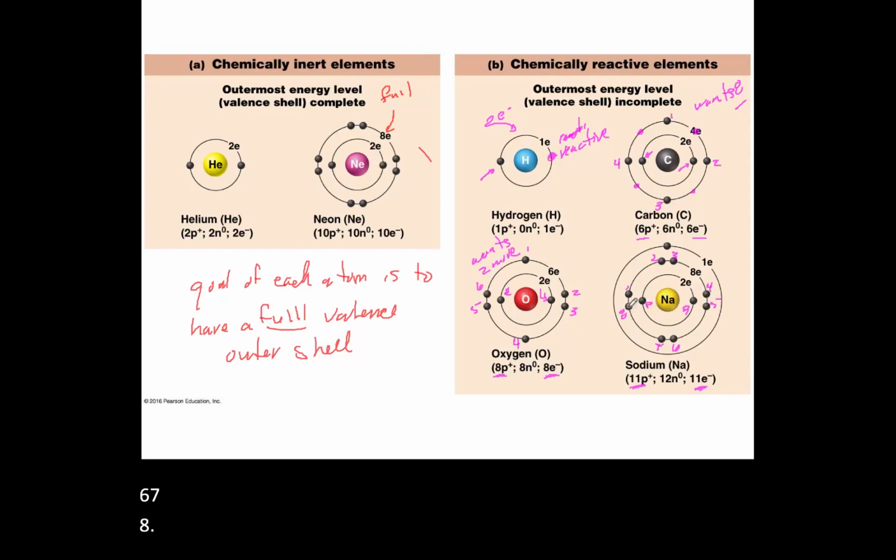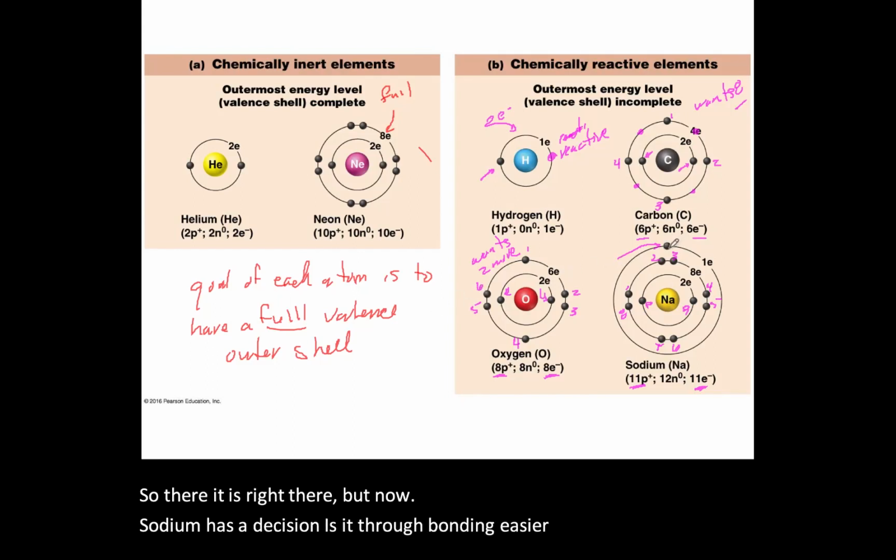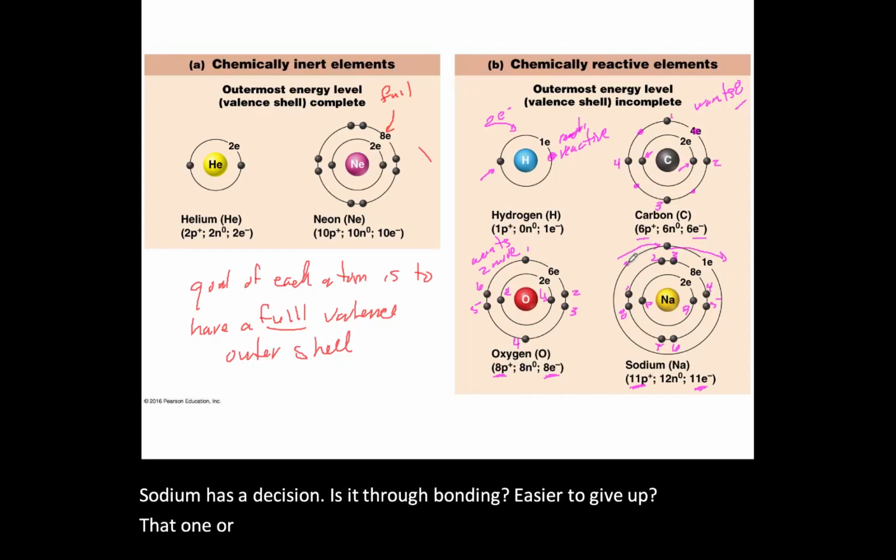But we've got 11, so we've got 1 more. So there it is right there. And now, sodium has a decision. Is it, through bonding, easier to give up that 1, or is it easier to take 7 more?